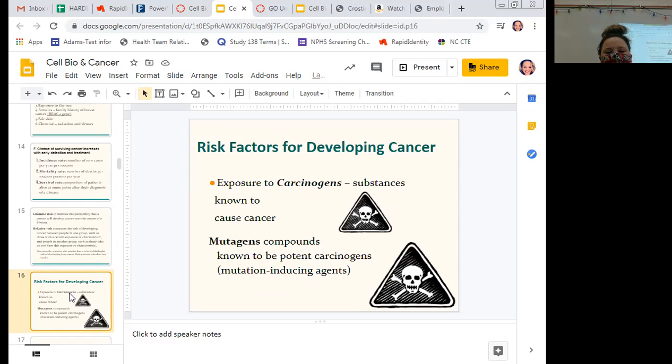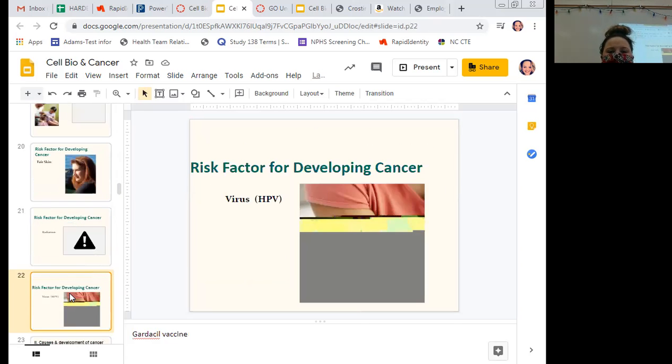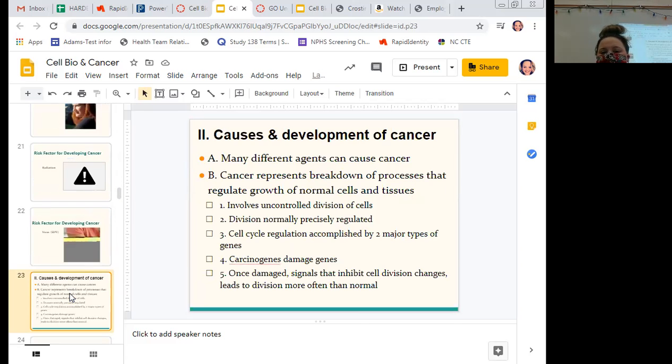All right, so we talked about risk factors. We talked about all of the things that maybe bring you a little bit more risk to having cancer. We've talked about the regular cell cycle. I know that for this test, I need to know the organelles and I need to know their functions. Those organelles were what were on your cell project. There were 15 of them. You're responsible for knowing them. They may be asked of you on your test.